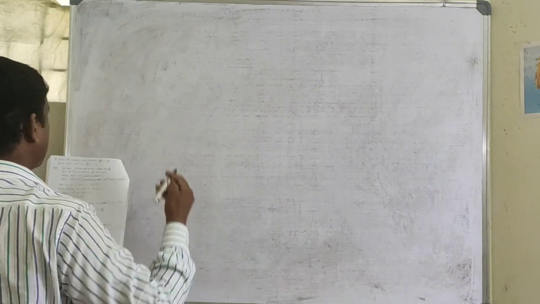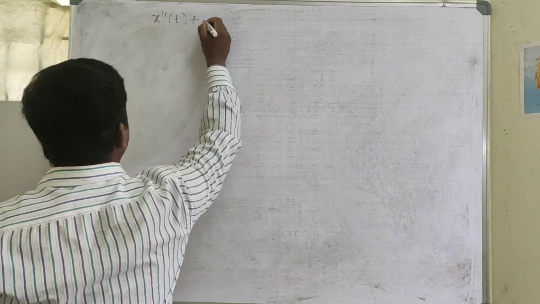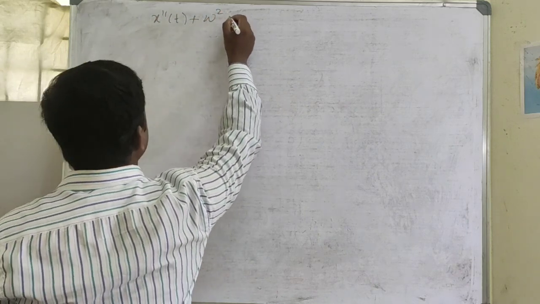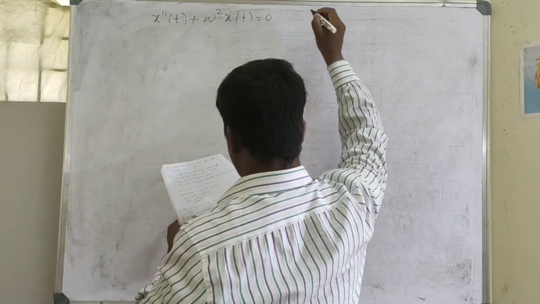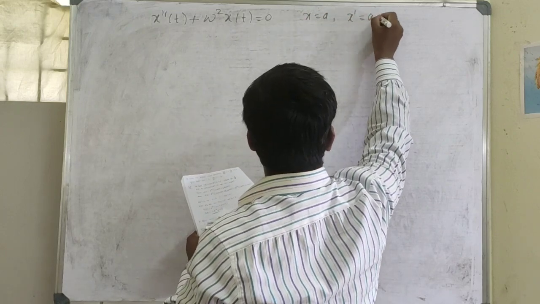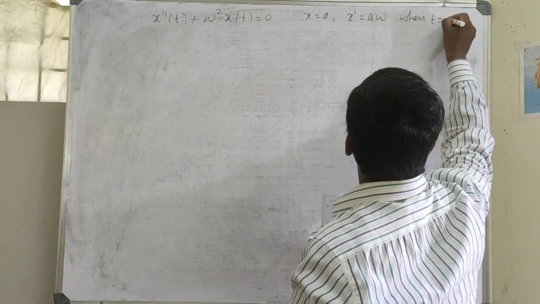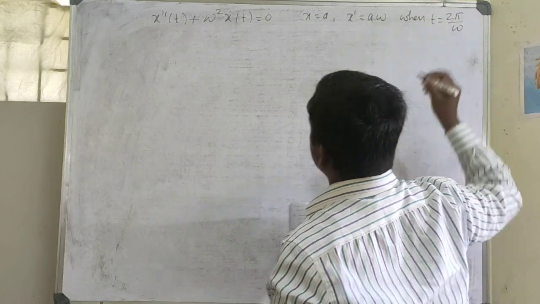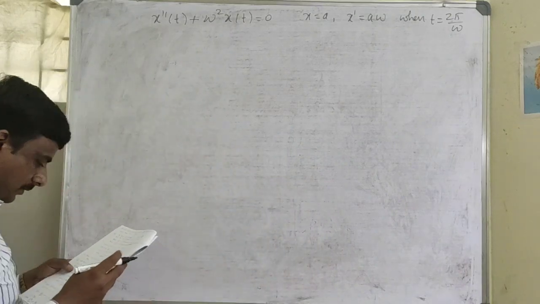Solve x double dash of t plus omega square x of t equal to 0 subject to the conditions x equal to a, x dash equal to a omega when t equal to 2 pi by omega. Now the auxiliary equation is m square plus omega square equal to 0.